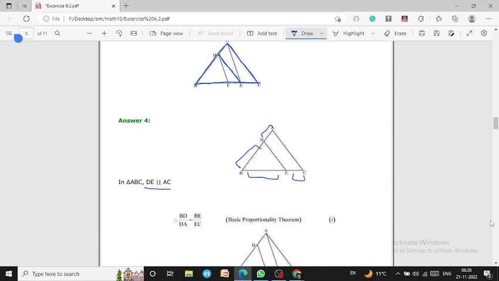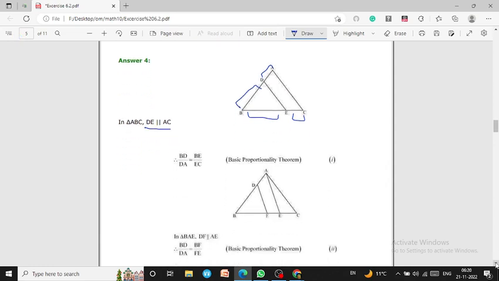Now the next part is the figure in which we have given DF parallel AE. We take this portion, and in triangle BAE, DF parallel AE, and according to BPT theorem, BD over DA equals BF over FE.